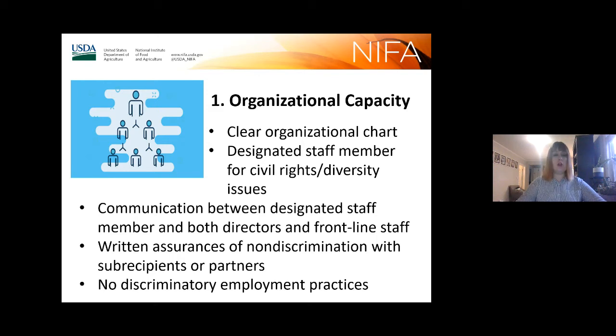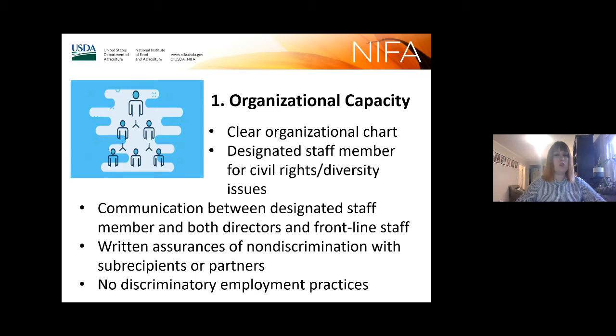Organizational capacity: if you don't have a clear organizational chart in your extension program, for example, but everyone is clear, because we interview everyone on-site, on what the reporting structure is, everyone knows who they report to and who they need to go to for various information, we're not going to ding you and say, oh, you don't have an organizational chart, so you get an X on that checklist item and you're not in compliance when it comes to organizational capacity.